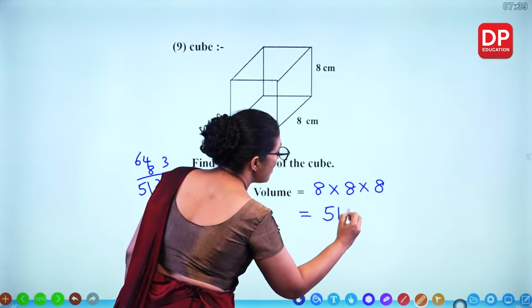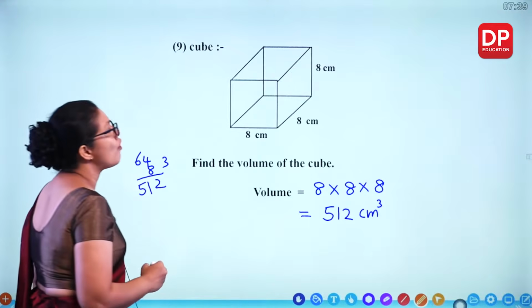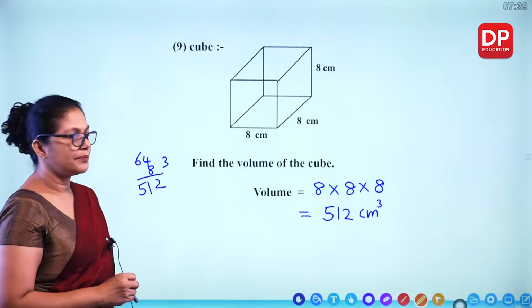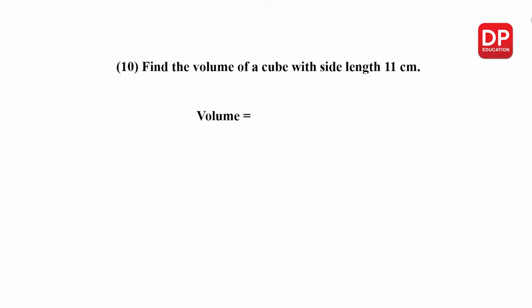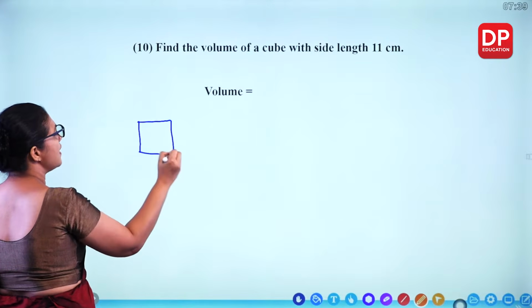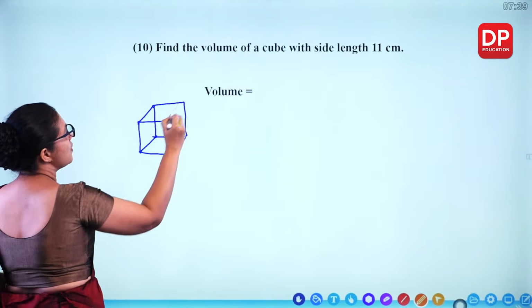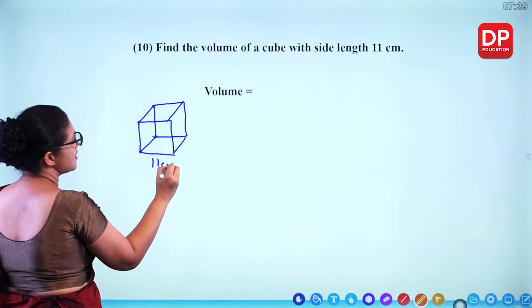So 512 cubic centimeters is the volume of this cube. Find the volume of a cube with side length 11. So a cube is given with side length 11 centimeters.